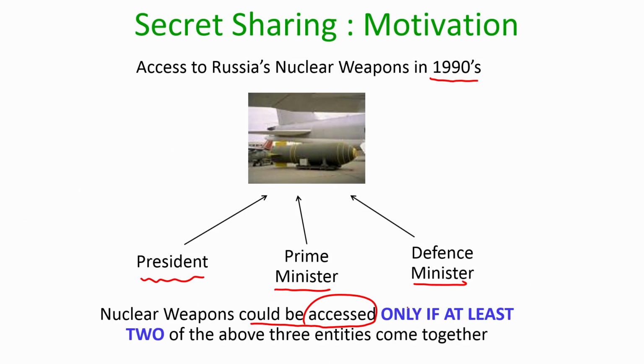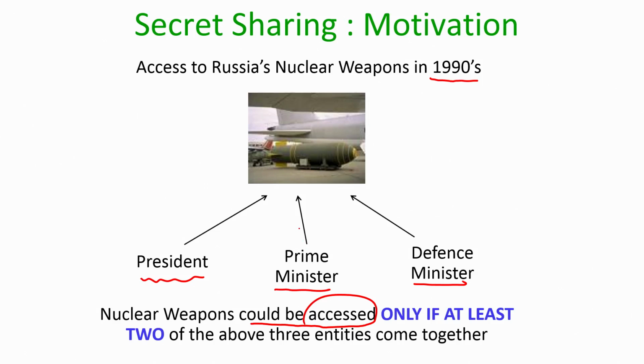In some sense you can imagine that this kind of system gives you more security and robustness, in the sense that if one of the 3 entities, say either the president or the prime minister or the defense minister, gets compromised and leaks the password, then an enemy country can launch the nuclear weapon.